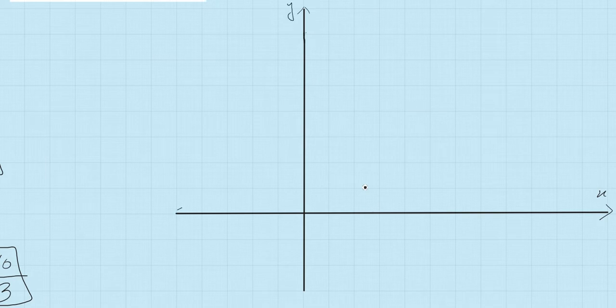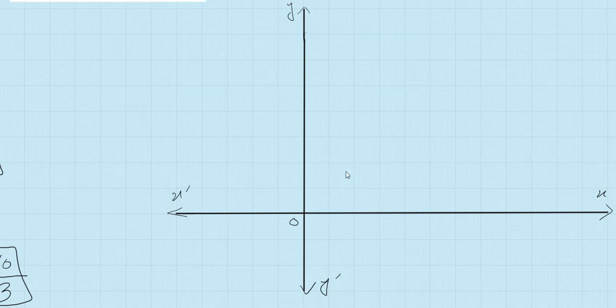This is negative x. And this is negative y. And this point is the origin, where the x-axis and y-axis cut each other.